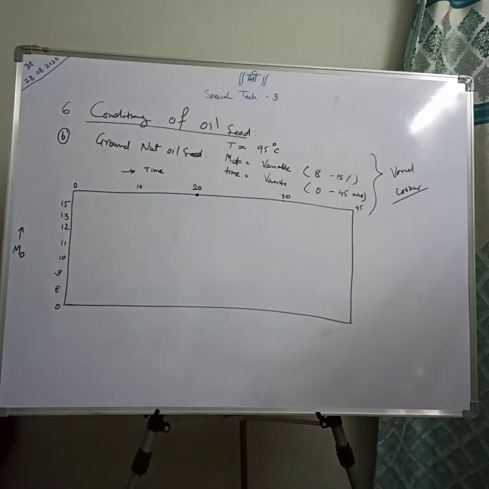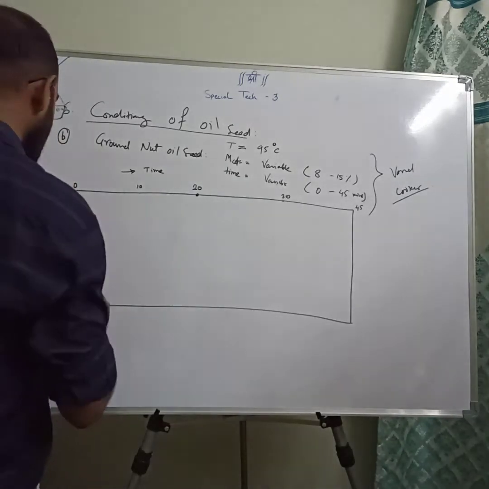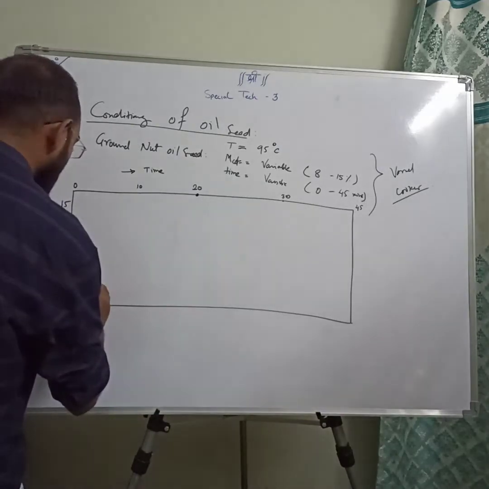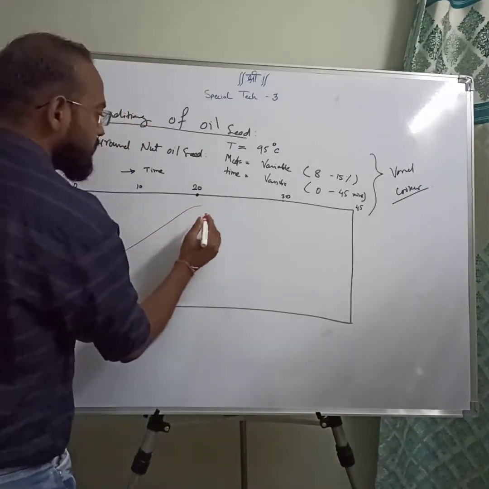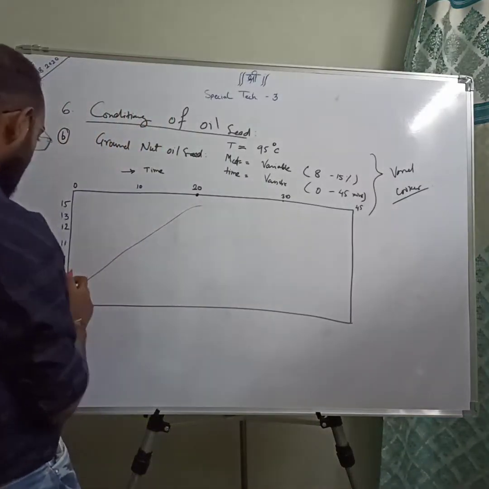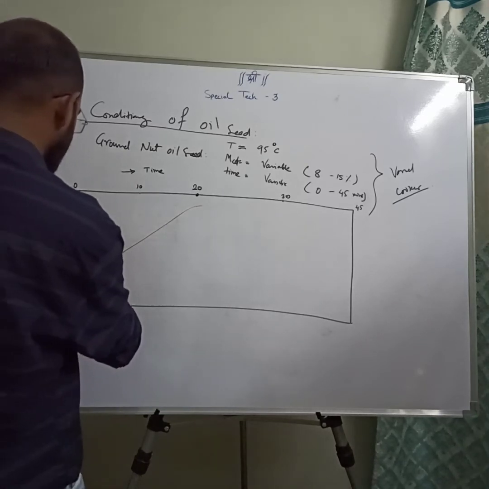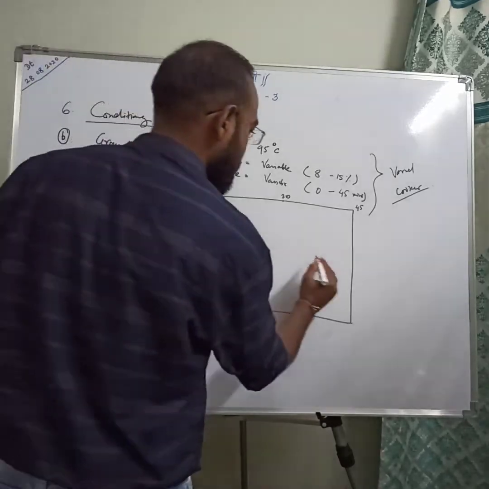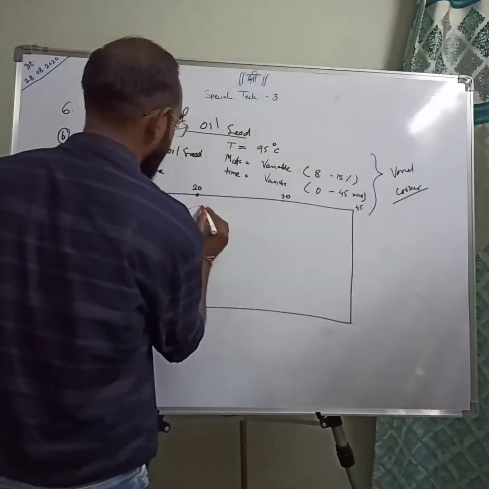So our first curve: initially the moisture content is 8%, and with respect to time, it goes up to 15%, and it will end somewhere between 11 and 9.